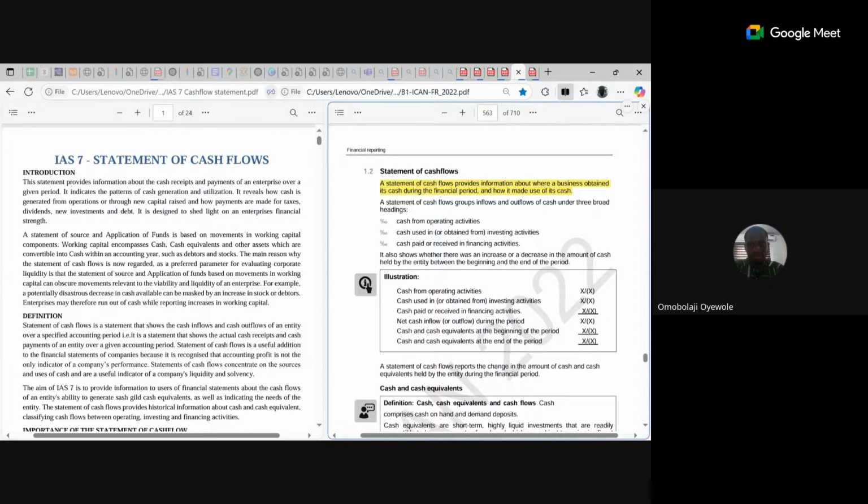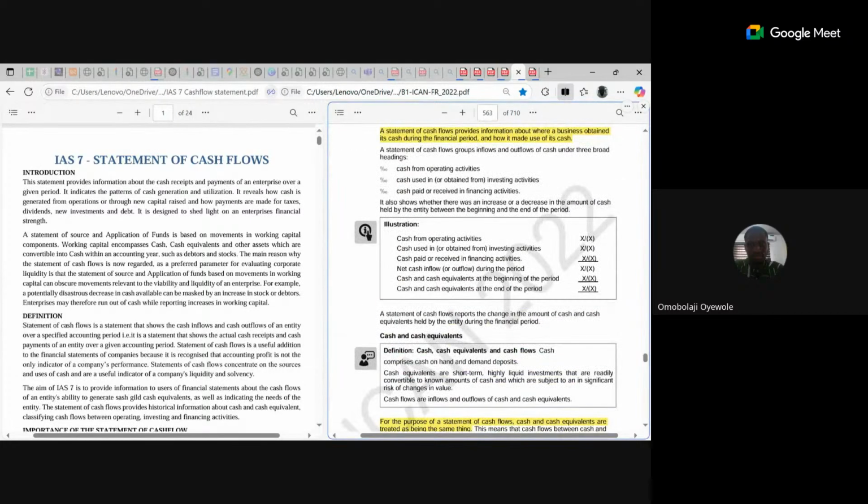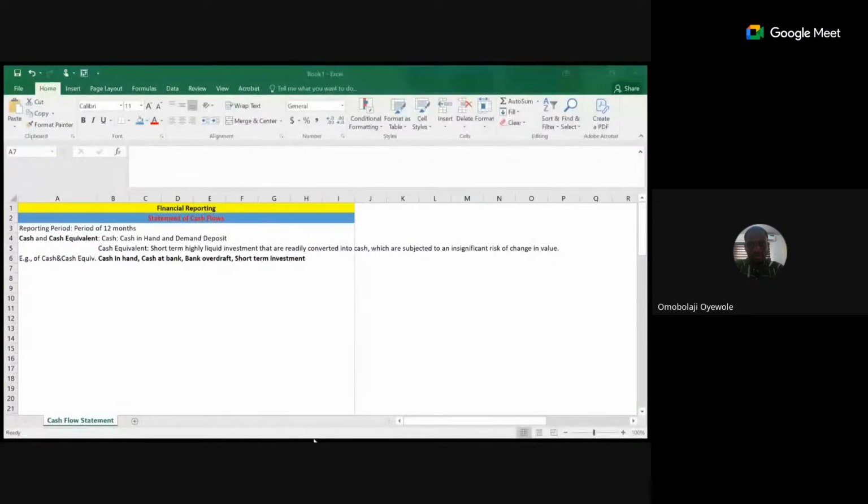So, for the purpose of preparing a cash flow statement, it is prepared by dividing the statement into three activities. Number 1 is operating activities.